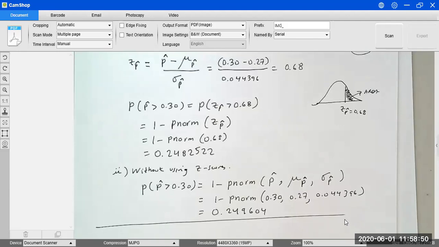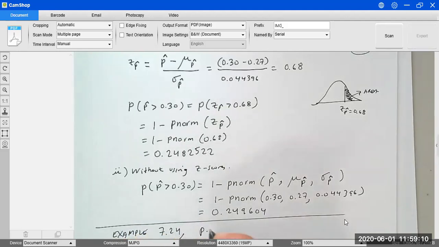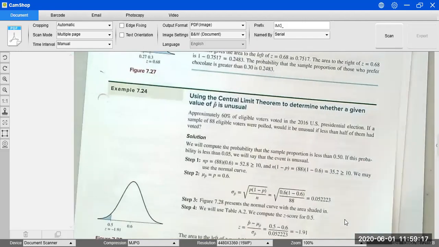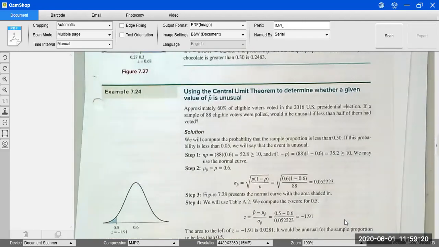So now we're going to solve one more problem, and then you're going to have to work on one more problem for the assignment. So we're going to solve example 7.24 on page 331. So we're going to use the central limit theorem to determine whether a given value of p hat is unusual.